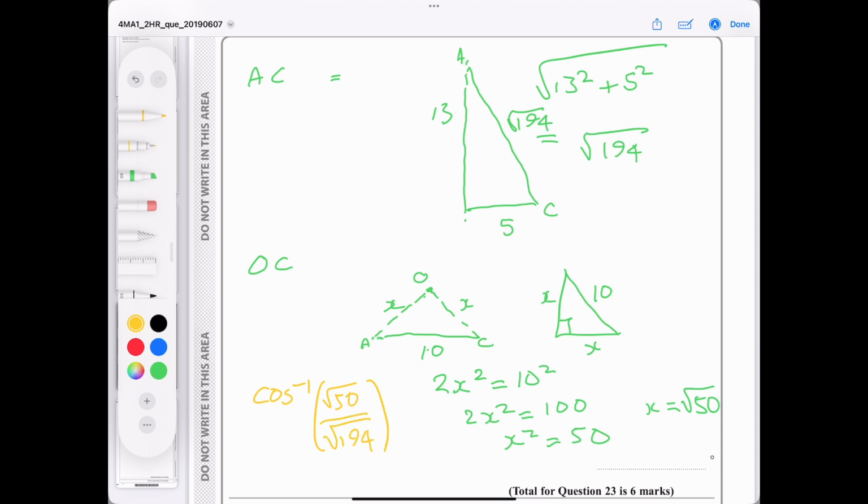And let's have a go at this. So shift cos, root 50 over root 194.